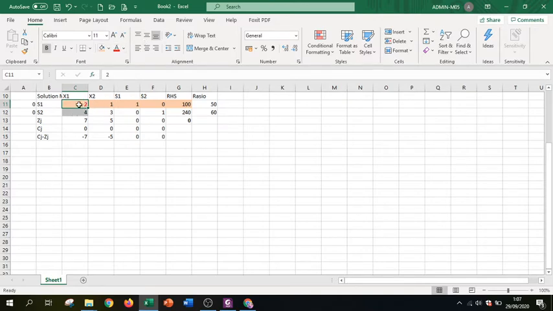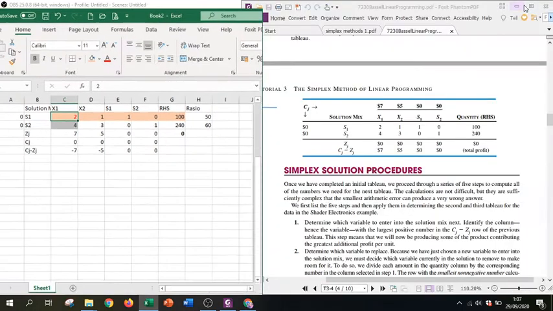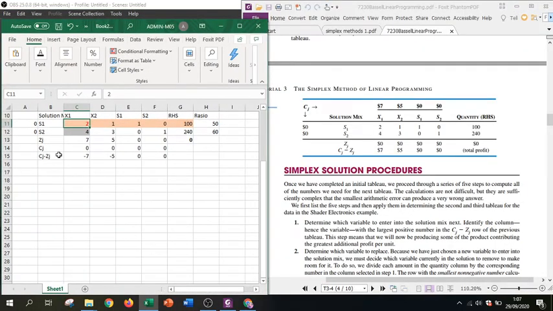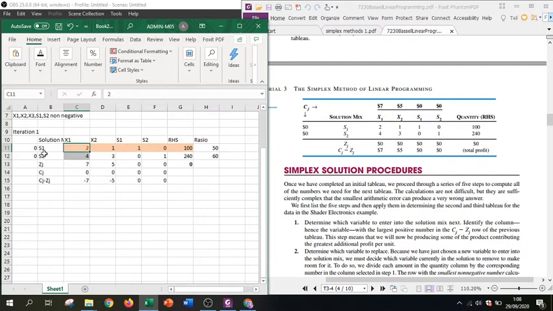Yeah, we have the pivot element, and then this is the divisor for all of this. So this one row is divided by the pivot element, the key element. So we have the second iteration.